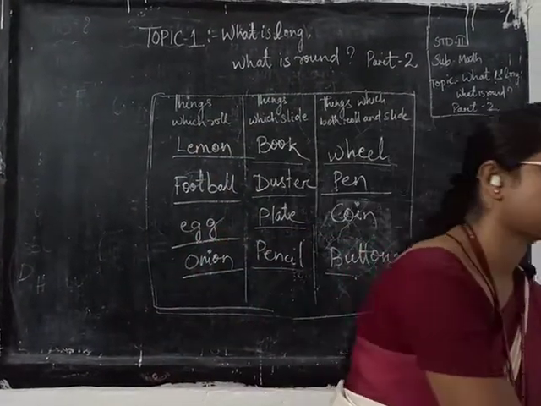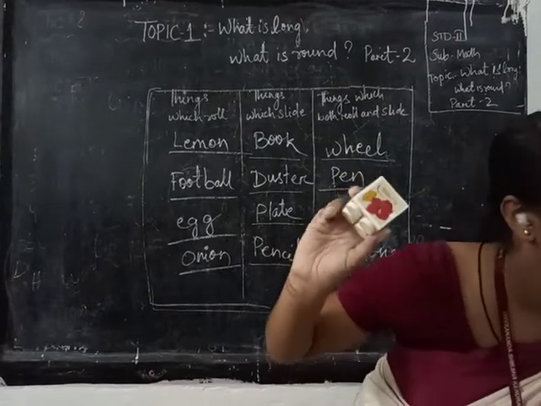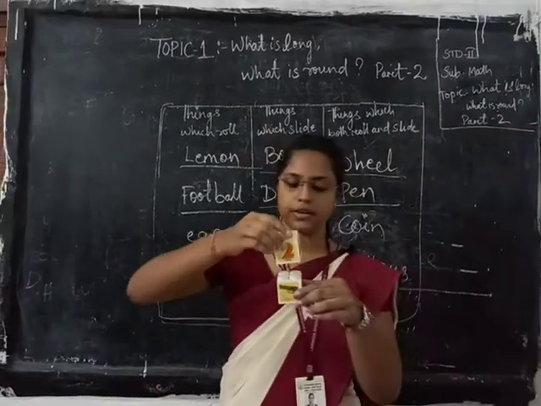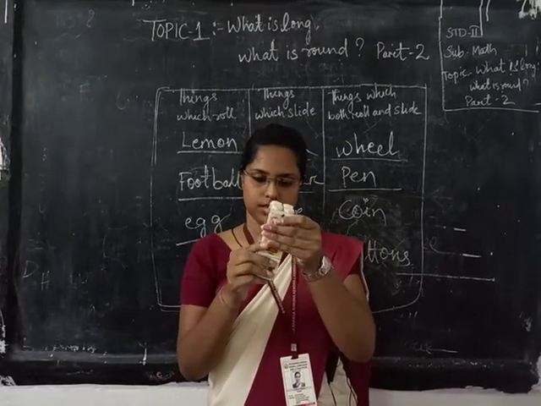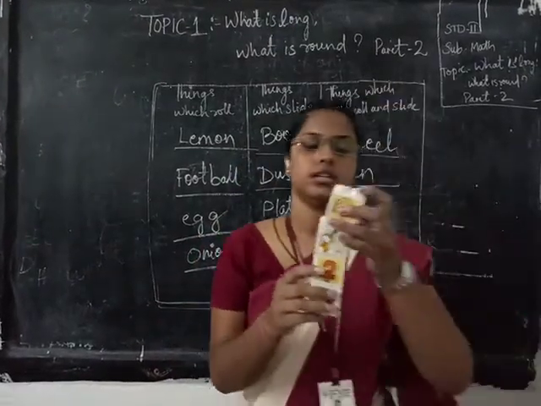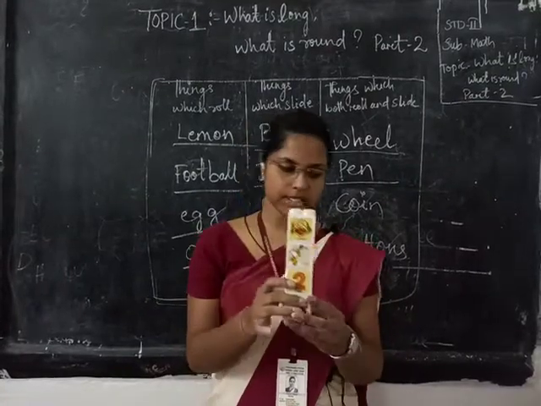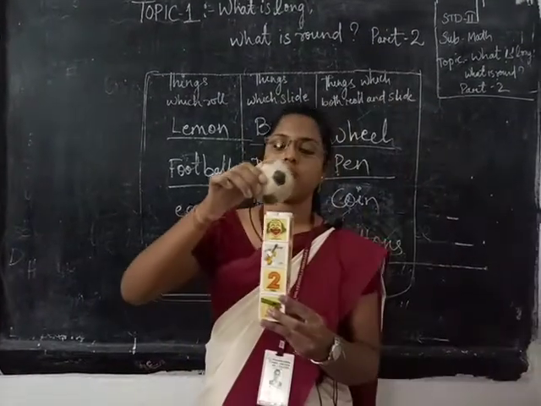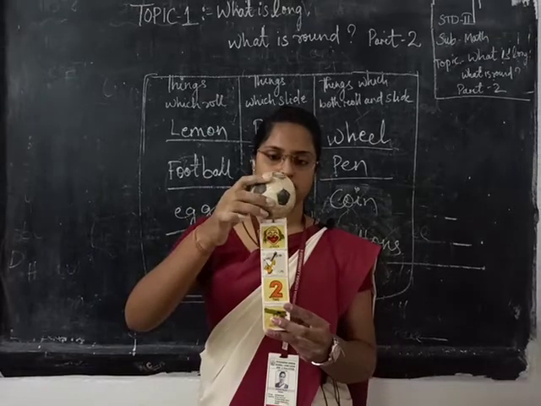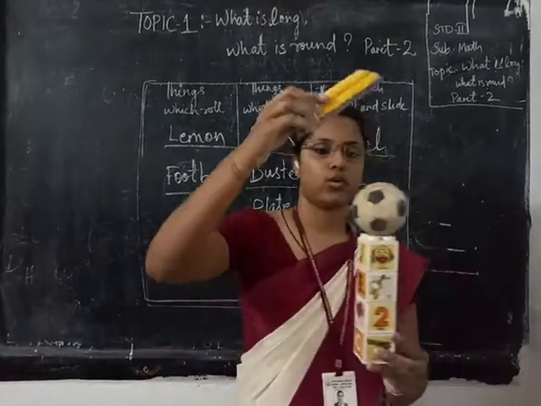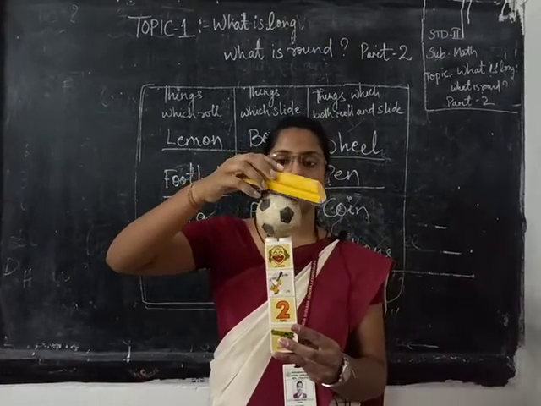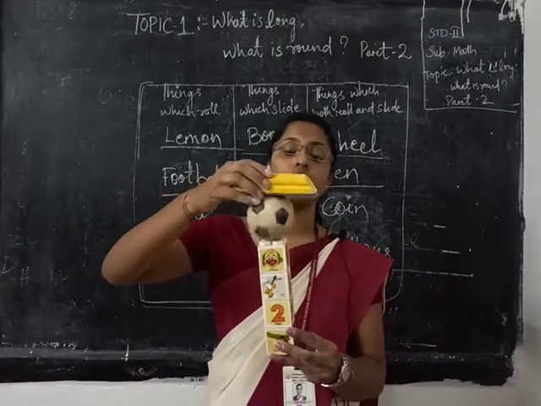Next, if I take some cubes and want to make a tower like this, see, like this, I can make a tower. But if on this tower I want to put this, it can be done, but upon this if I want to put this, it cannot be, because a ball rolls down.